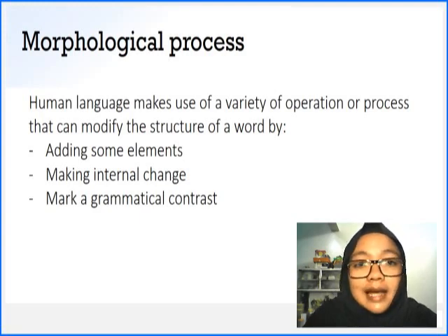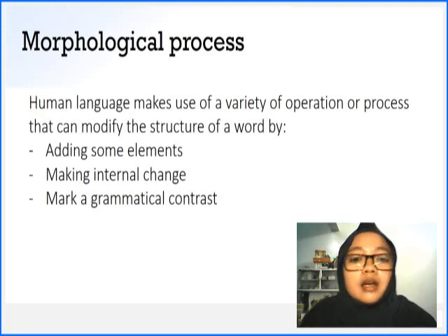The first is adding some elements, the second is making an internal change, and then also marking a grammatical contrast. This is the variety of operations that mostly happens in word structure or word formation, especially in the English language. So what is the first one?